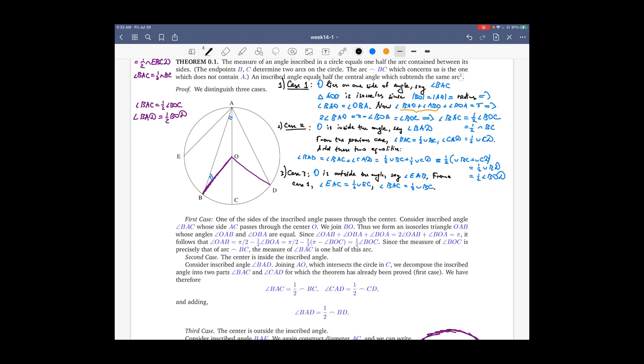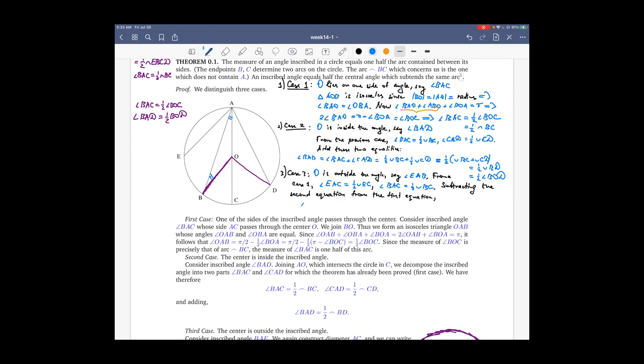Now, if we subtract one from the other, if we subtract this from this, subtracting the second equation from the first equation, we get what?